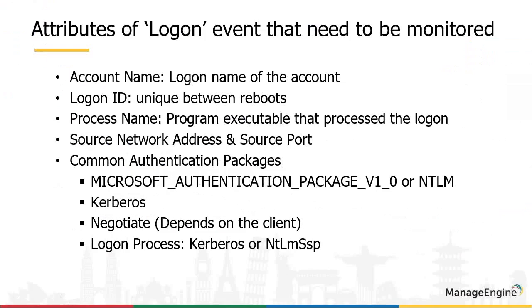This logon ID is a hexadecimal string, and it will help us filter out the rightful events, because we would still have legitimate events happening on that computer. So to differentiate between a legitimate event and an attack, we can probably use the logon ID and the process name.